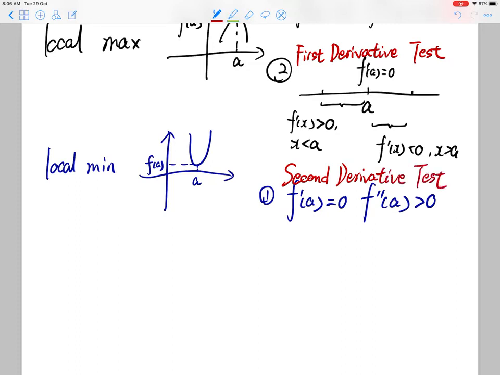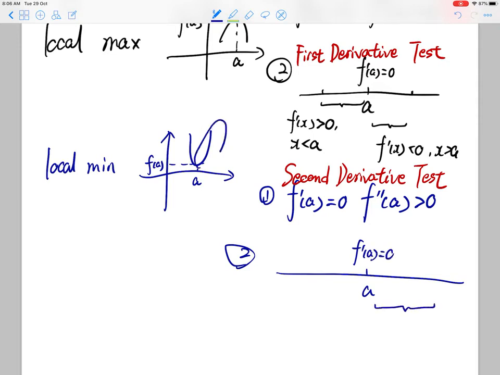And the other way is that at this point A, the derivative should be 0. When x is slightly greater than A, the function is increasing, so the derivative should be positive.